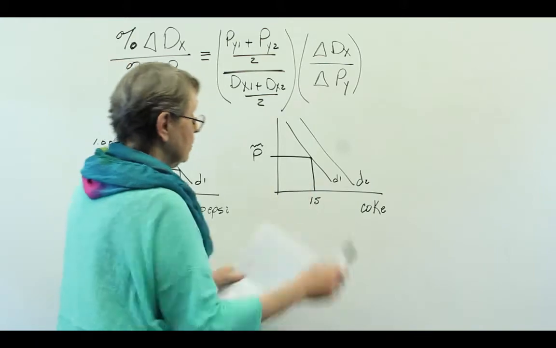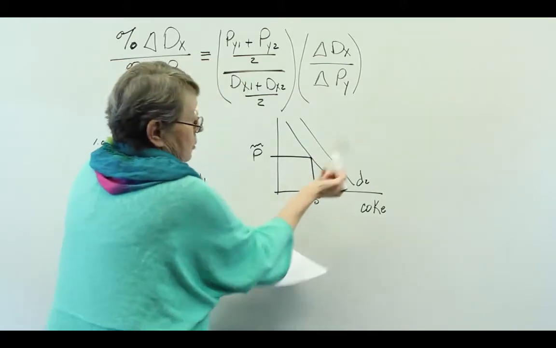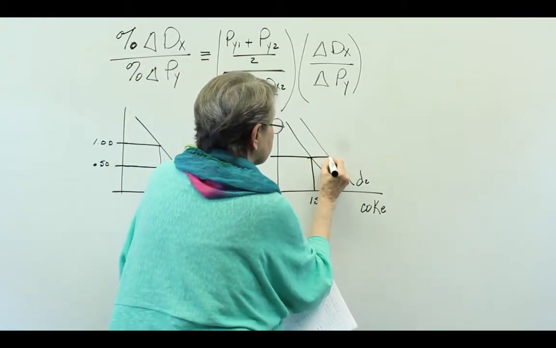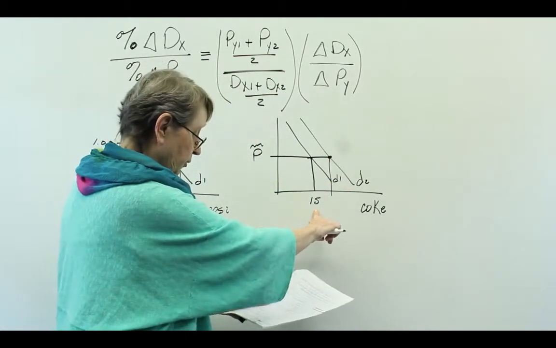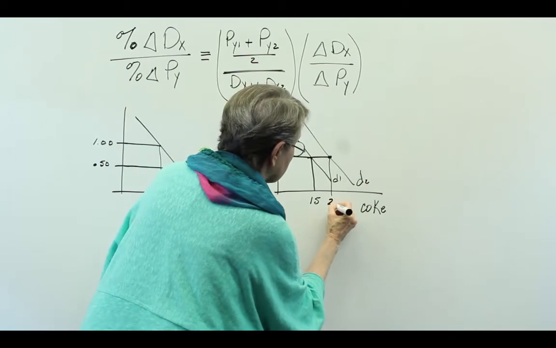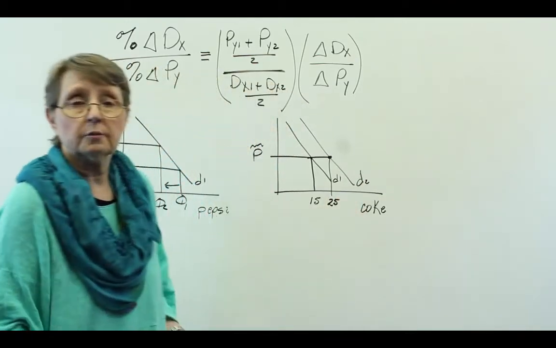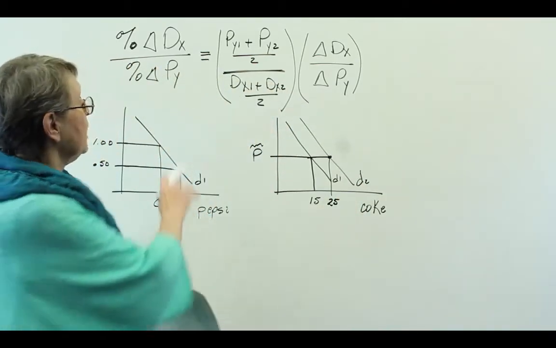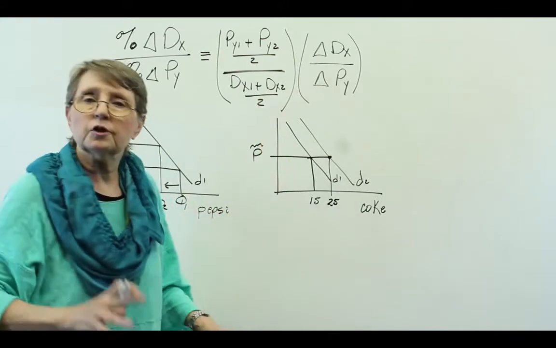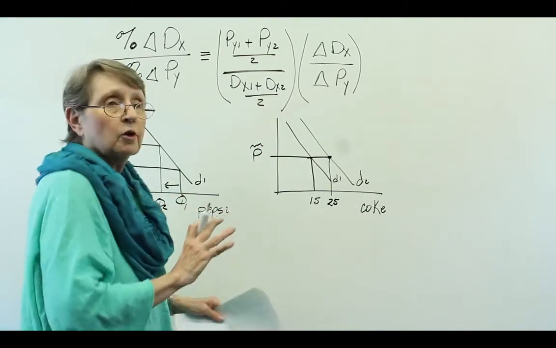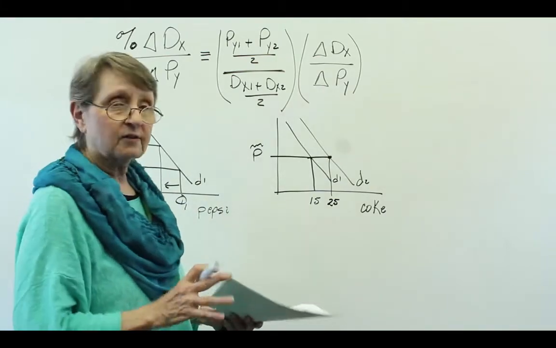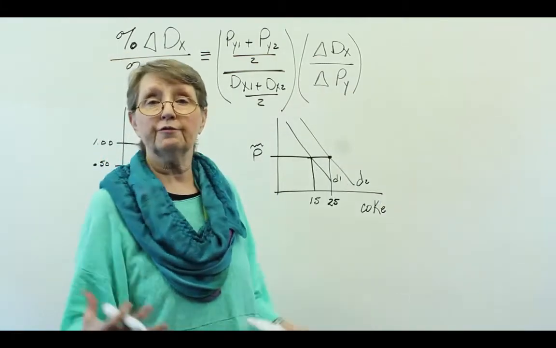And so now the question is, at this price, whatever the price was, the demand for Coke is going to increase from 15 to, let's just say, 25 units per time period. So now we have all the ingredients to measure cross-price elasticity. And once we measure it, we want to interpret what we found.